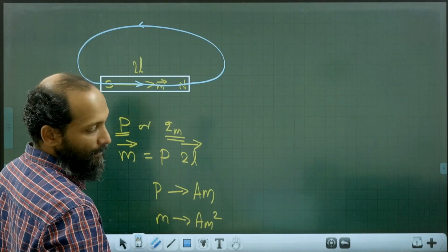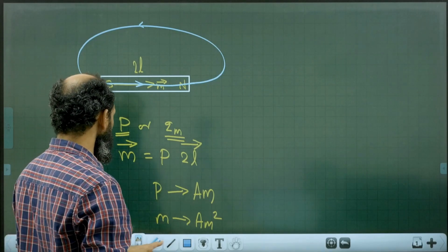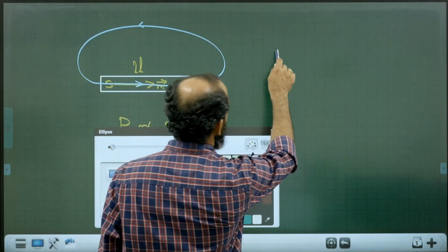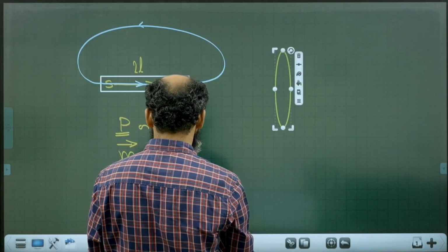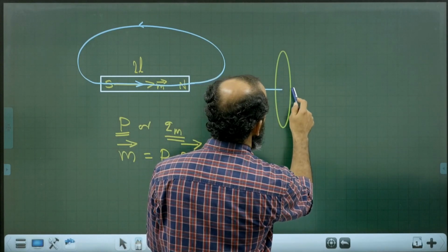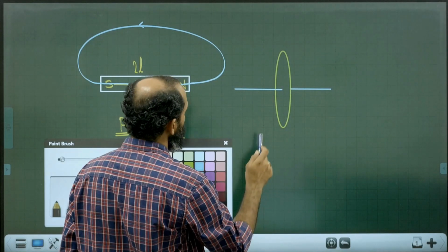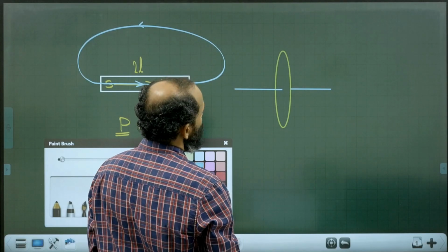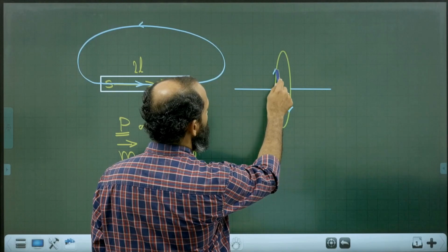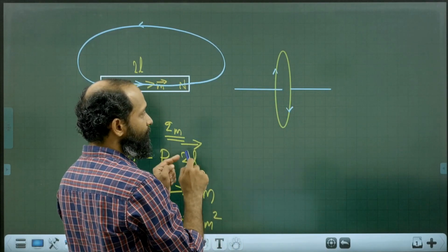This can be compared with a solenoid. Also this can be compared with a current loop. You can have a current loop like this, which carries a current, whose axis can be shown like this. You know, current loop is also a magnetic dipole. For getting a south polarity to the left, you should have an anti-clockwise current as looking from left side.